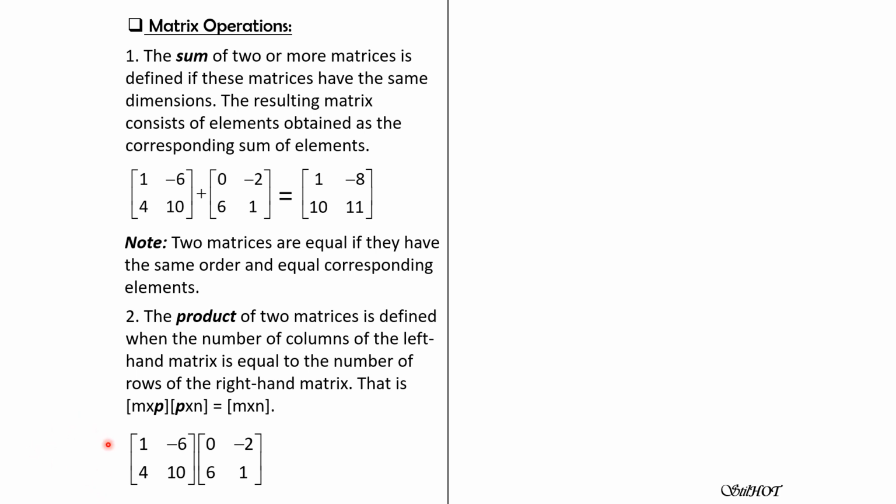So 1 times 0 plus negative 6 times 6, so that would be negative 36. 1 times negative 2, negative 2, then negative 6, negative 8. Then 4 times 0, 0, 6, 0. Then the last element, in row 2, column 2, is negative 8 plus 10, which is positive 2.